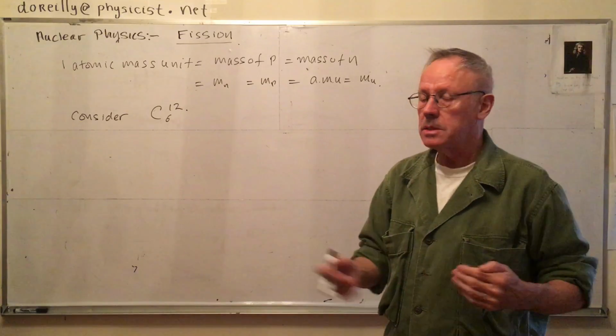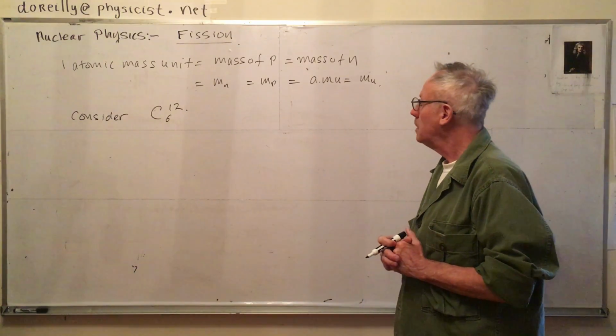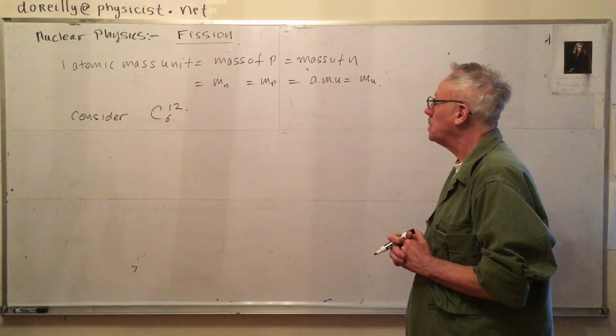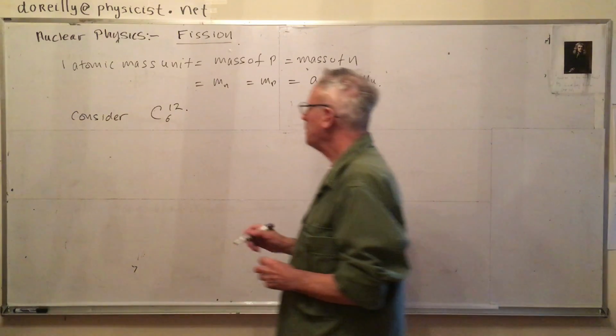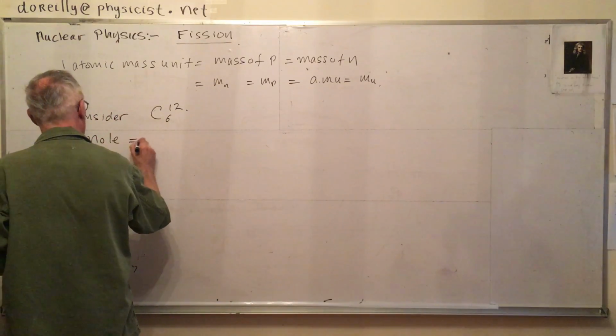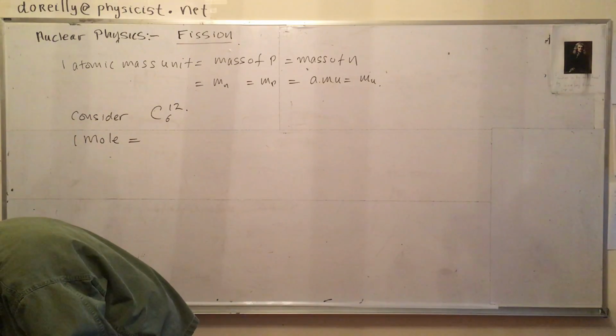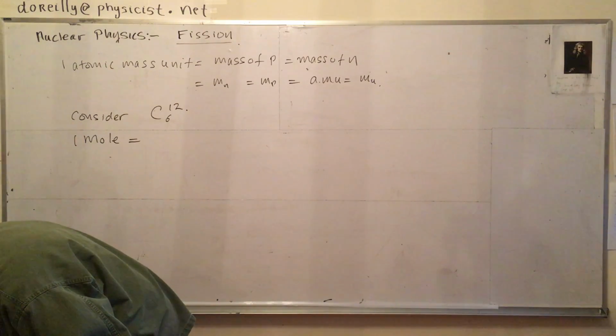Others have different mixes of isotopes, but carbon 12 we'll use to make a standard for the mass, the atomic mass unit. Now 6.02 by 10 to the power 23 atoms.